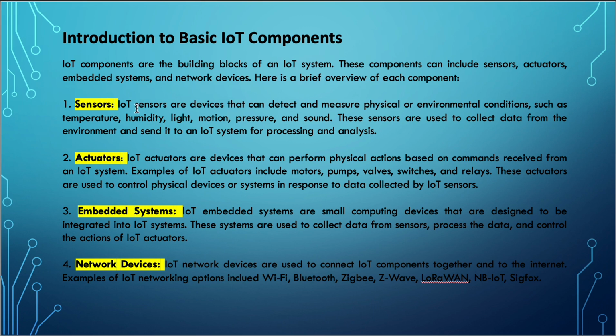Here in the sensors, we talked about how sensors can detect and measure physical environmental conditions, such as temperatures, those things. And these sensors are used to collect data and send it to an IoT system, where it will be processed and analyzed. Then the IoT system would give an output or feedback.